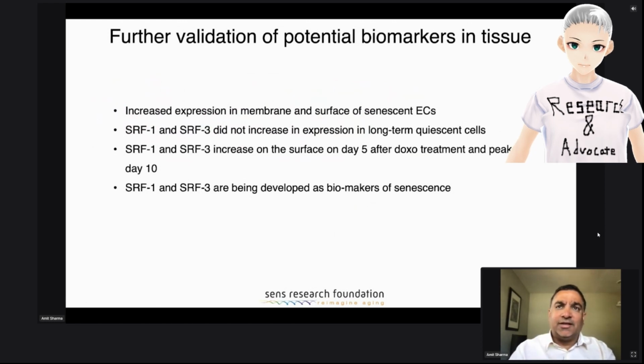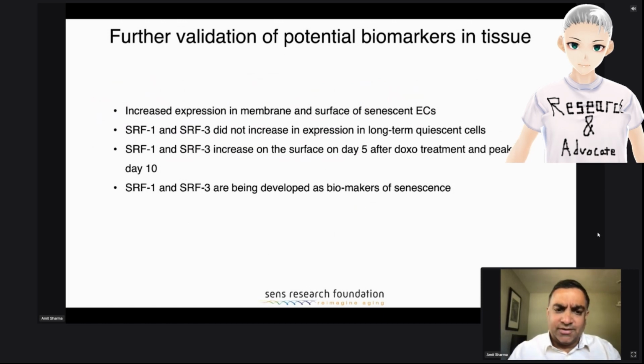We understand that senescence looks different depending on the type of the cell and the type of the damage. By measuring the expression of these proteins in multiple models of senescence induction, we quite confidently expect SRF1 and SRF3 could be reliable markers of senescence. We also confirmed that both these proteins were not expressed in long-term quiescent cells, but only in senescent cells.